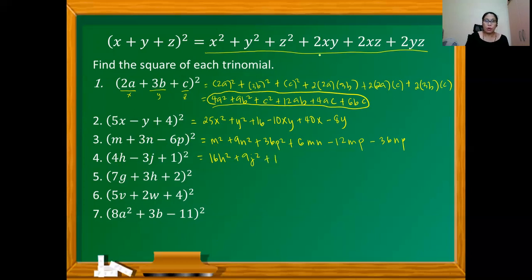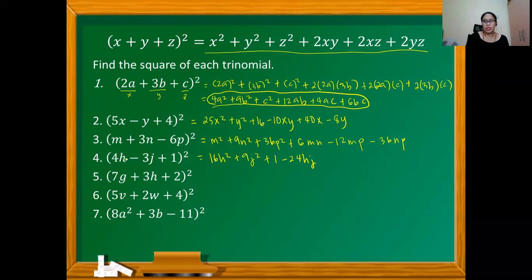So the fourth term is 2 times the first term times the second term. So we have 2 times 4h. So that's 8h times negative 3j. So we have minus 24hj. And then for the fifth term, we have 2 times the first term times the last term. So we have 2 times 4h.